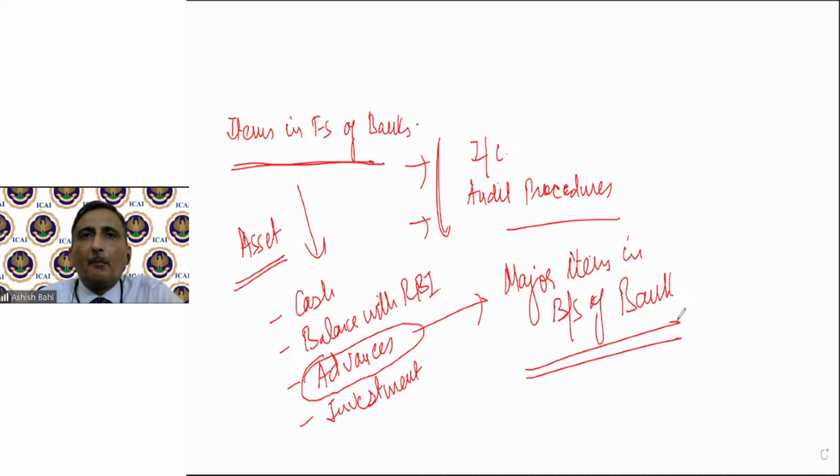Because as we had considered at the very outset, the main function of a bank is accepting deposits and lending money. So the act of lending to the borrowers gives rise to the appearance of advances in the financial statements of a bank.